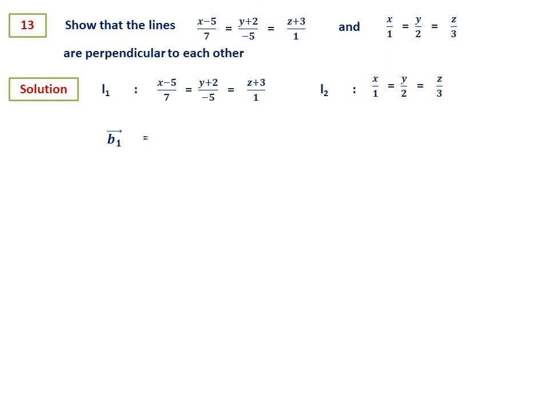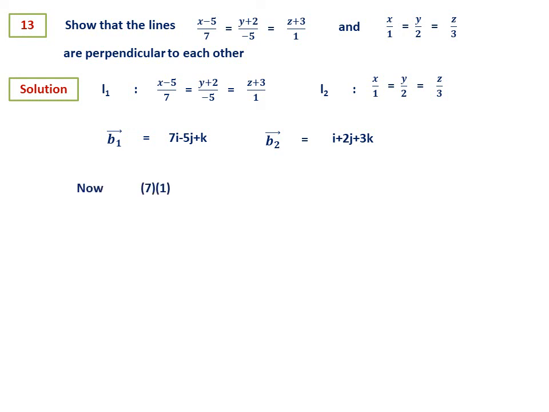Therefore, first you find what is B1. B1 is, I have directly written, 7i minus 5j plus k. That is, A1 is 7, B1 is minus 5, C1 is 1 actually. Similarly, B2 is i plus 2j plus 3k. And we have to show that they are perpendicular. Therefore, B1 dot B2 must be 0.